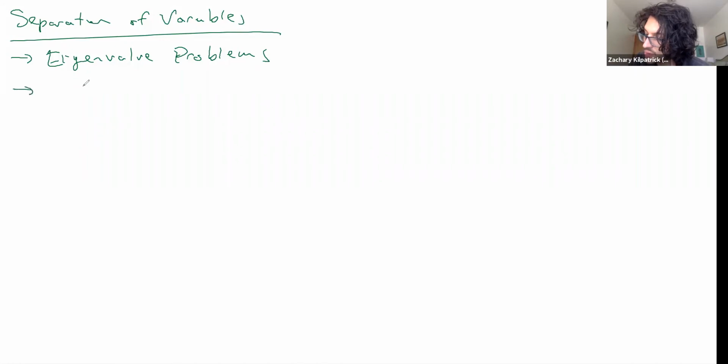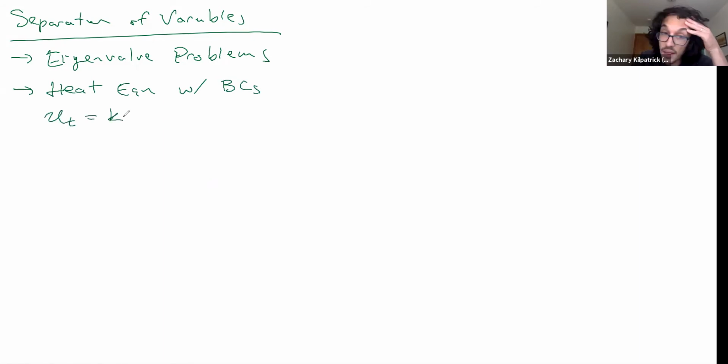What are the three main types of boundary conditions that we've talked about so far? Let's say we're doing the heat equation, with boundary conditions, and let's say the heat equation lives on 0 to L, t greater than 0.